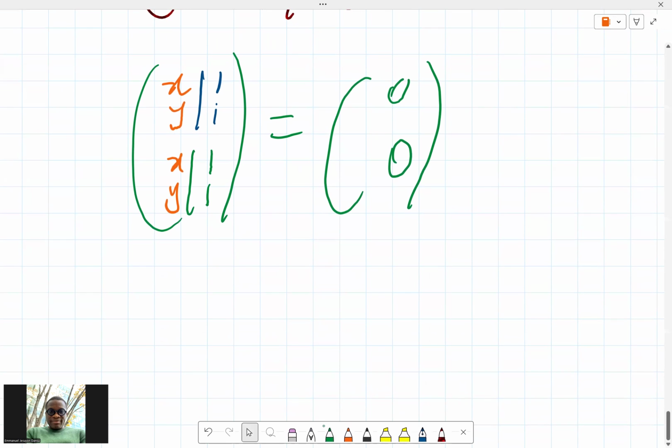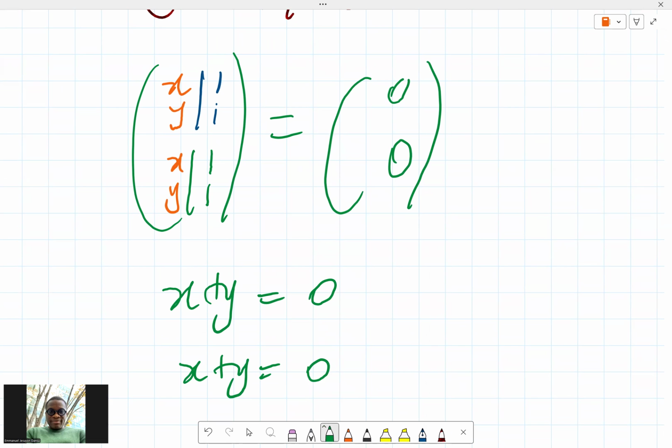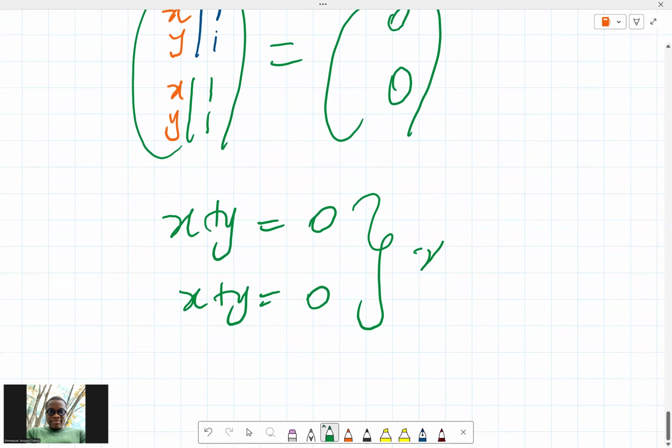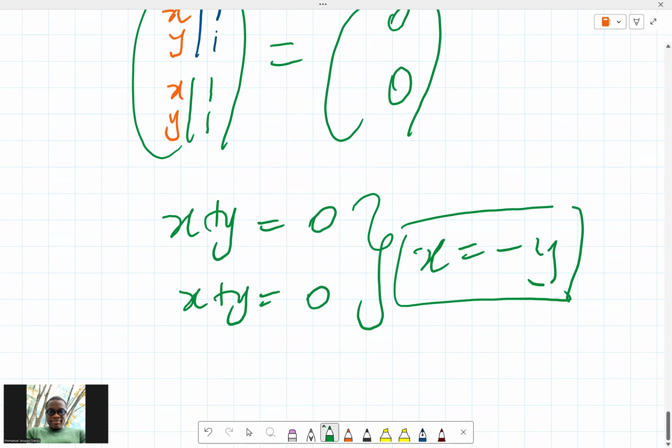So we have x plus y equals 0, and another x plus y equals 0. It's the same thing pretty much. So x is equal to minus y. That means if x is 1, then y will be minus 1.